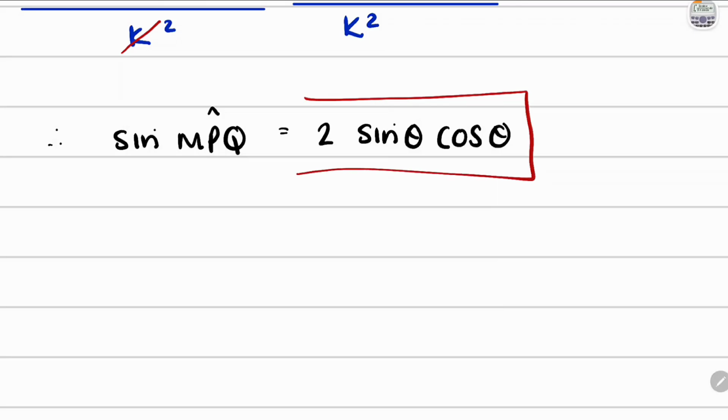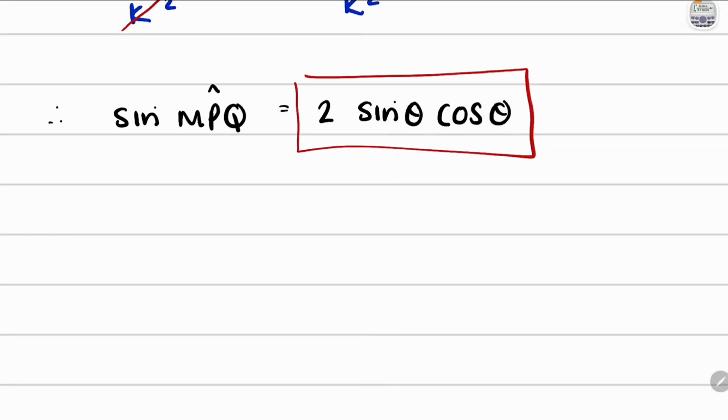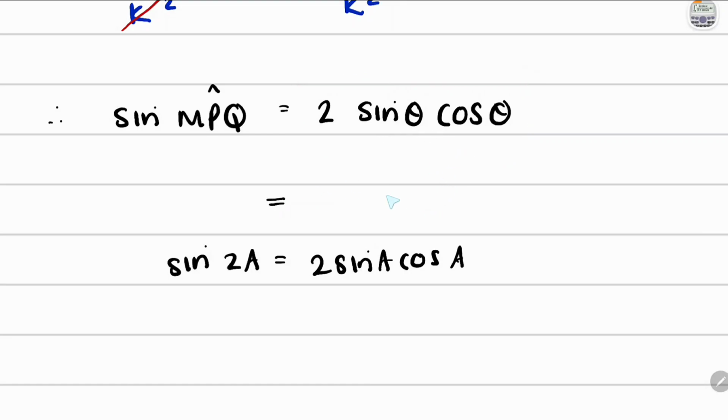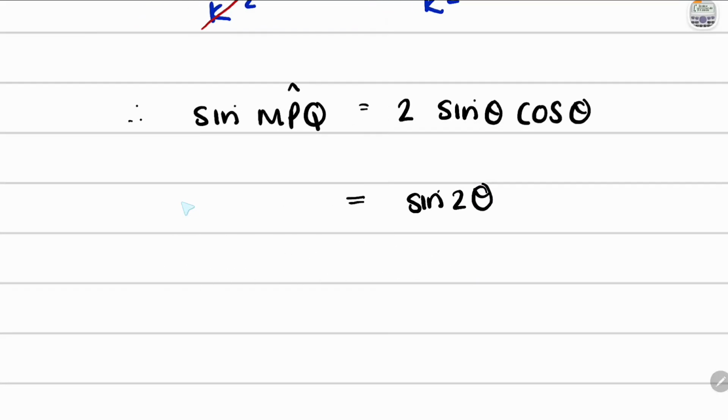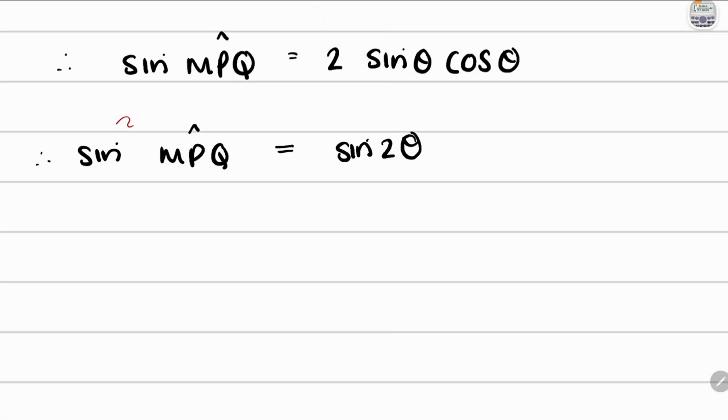Okay, do you see now that this is actually an expansion of one of the double angle formulas? The double angle formula that says sine 2A, if you expand it, it gives you 2 sine A cos A. So do you see that this would simplify to sine 2 theta? Okay, just like with that. So because it simplifies to sine 2 theta, we still have this over here, sine MPQ. And now we can go ahead and take sine over.